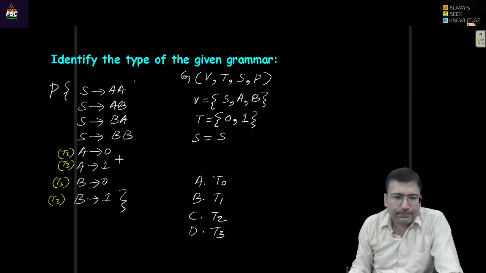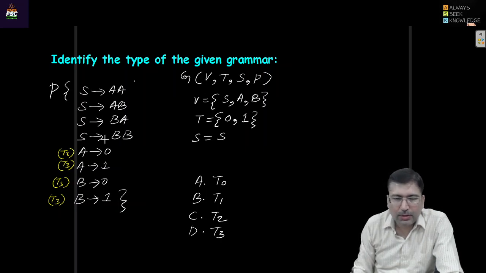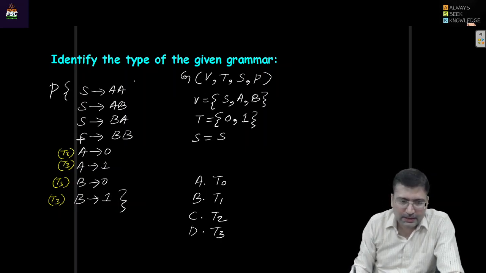But there's a problem. On the right-hand side in the remaining four rules, there are two non-terminals, B followed by B. This is not allowed in regular grammar, but it is allowed in context-free grammar. In context-free grammar, there is only one restriction on the left-hand side: there has to be only a single non-terminal. This S is a single non-terminal, so it falls under the category of T2. T2 means type 2 grammar, context-free. This is also T2.